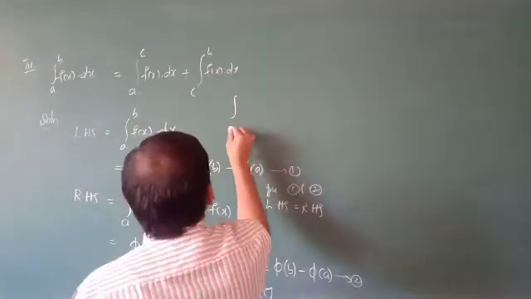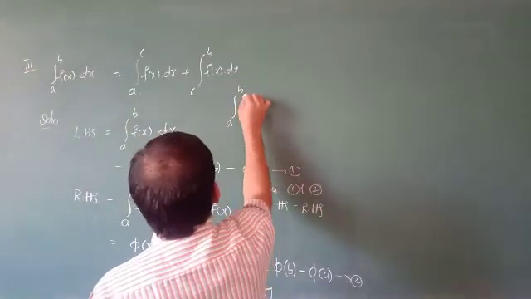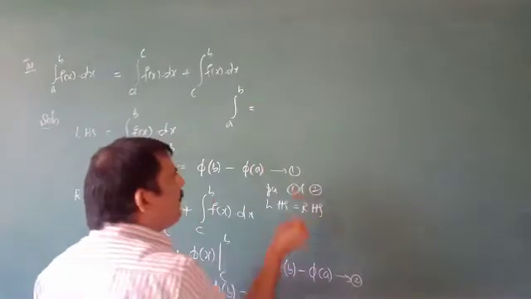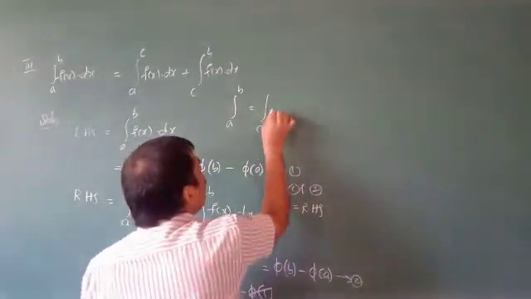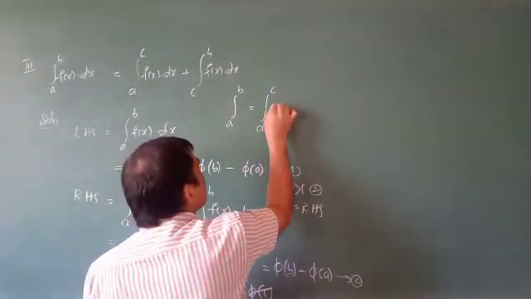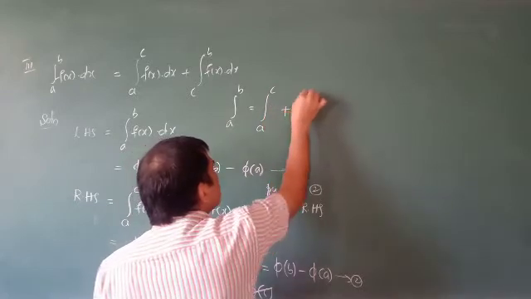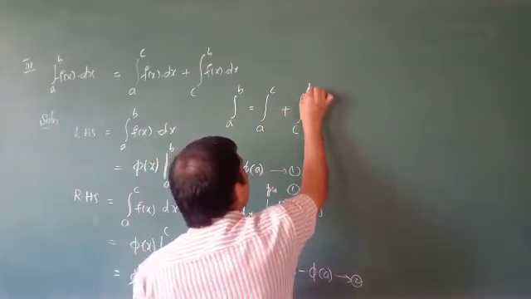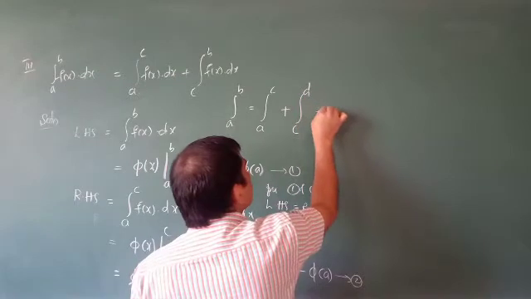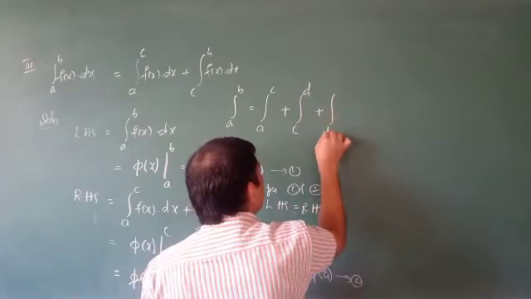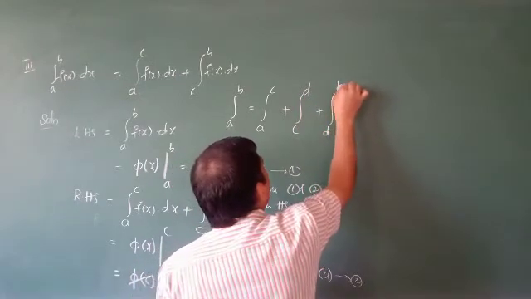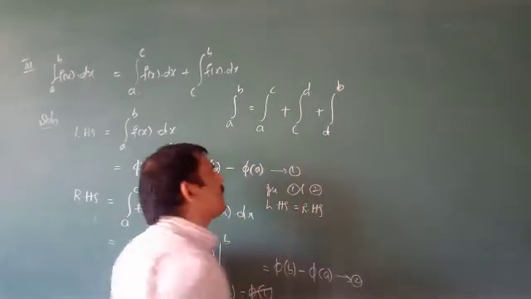So the integral from a to b can be written as the integral of a to c with respect to x, plus the integral of c to d of f of x with respect to x, plus the integral of d to b of f of x with respect to x.